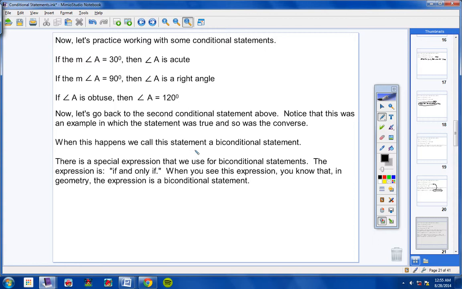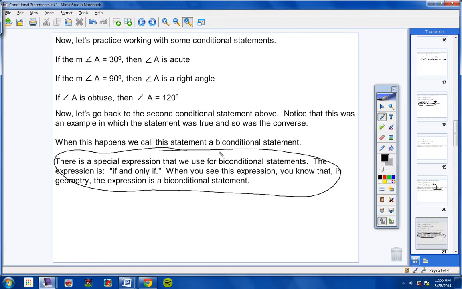Now, I would write this down, and somehow make note about this too, okay? There's a special expression that we use for biconditional statements. The expression is if and only if. And when you see this expression, you know that in geometry, the expression is a biconditional statement, okay? I'm going to pause for a couple seconds while you write this down.